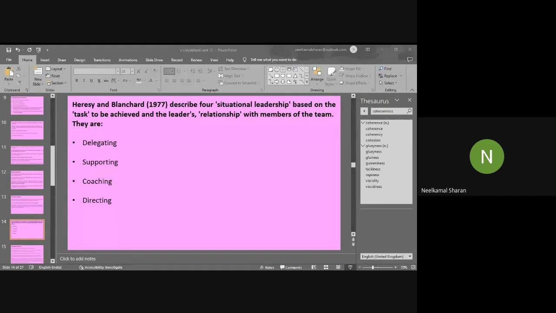And dependence in turn is based on alternatives that B perceives and the importance that B places on the alternatives that A controls. So a person can have power over you only if he or she controls something which you desire.